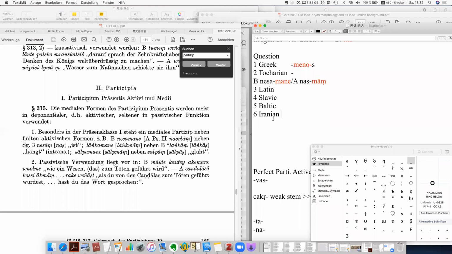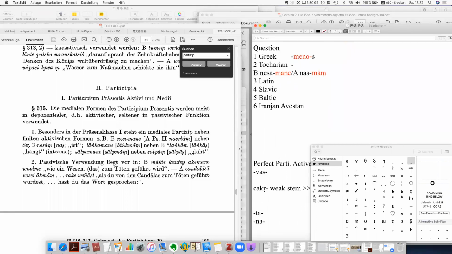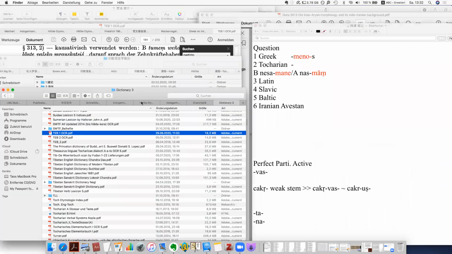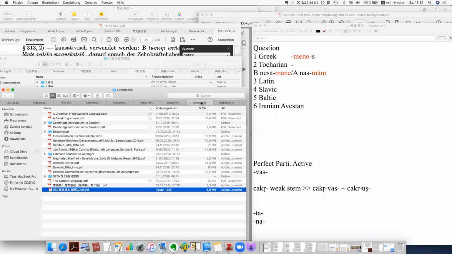And for Iranian, let's check Iranian. Let's take Avestan as an example. So for Avestan, let's check the textbook by Hoffmann and Forssman.